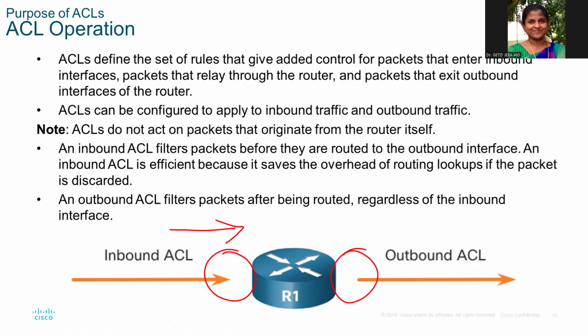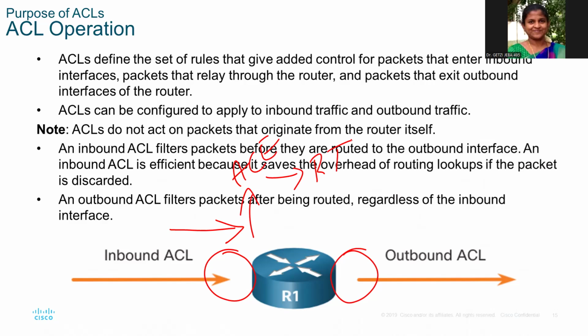Even before the routing table check, this process happens, so the router is not overloaded by using the inbound ACL. When a packet comes inside, the first thing that happens is it checks the ACE.